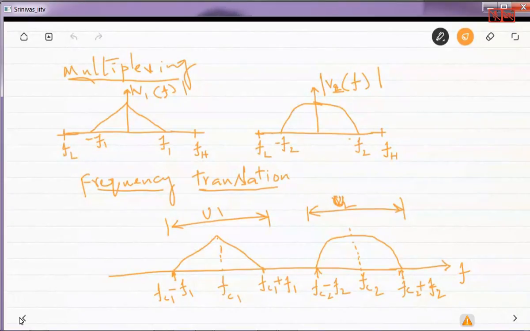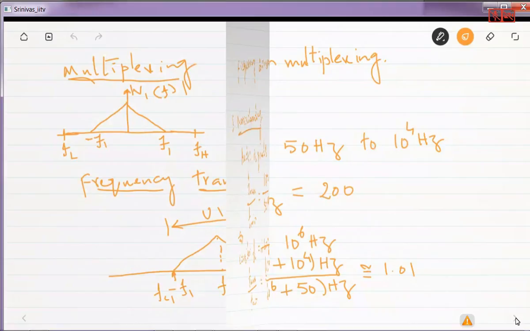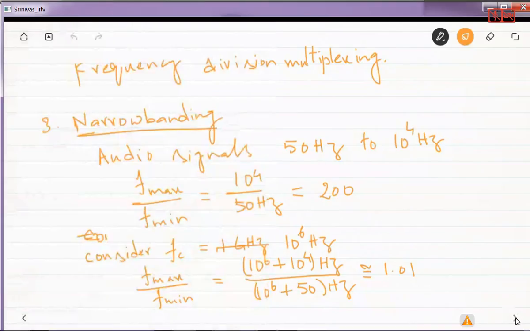So this is my new maximum frequency, and this is my new minimum frequency. This is my original maximum frequency, this is my original minimum frequency. So that's how we got this. Now the maximum to minimum frequency ratio is almost equal to 1, so in that sense, this is called a narrow band signal.